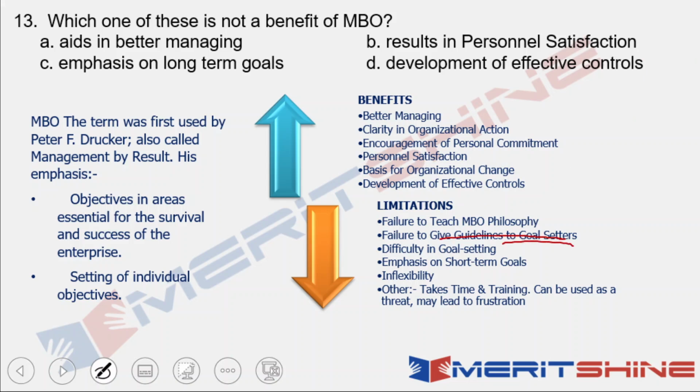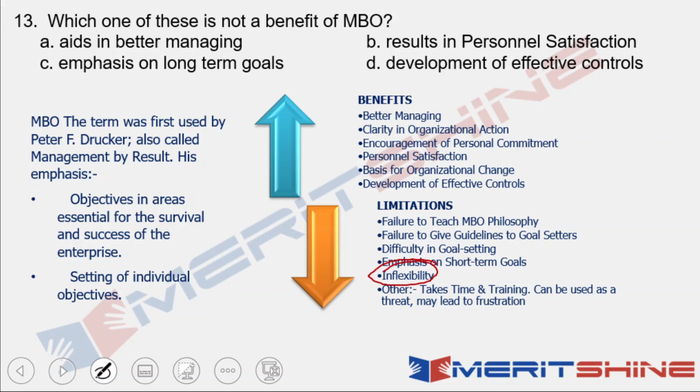So if there are regional goal setters, divisional goal setters, and they do not have proper guidelines to set the goal, then the whole process would be whitewashed. Difficulty in goal setting, emphasis on short-term goals. Many times short-term goals take precedence over long-term goals. As a matter of fact, MBO takes a lot of precedence when it comes to short-term goals.